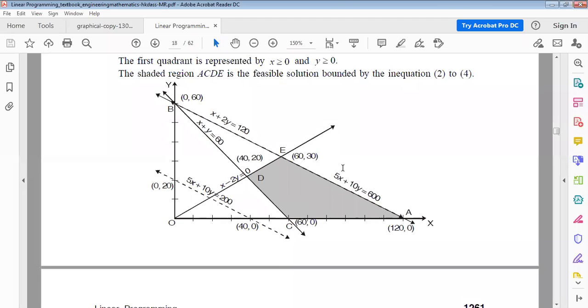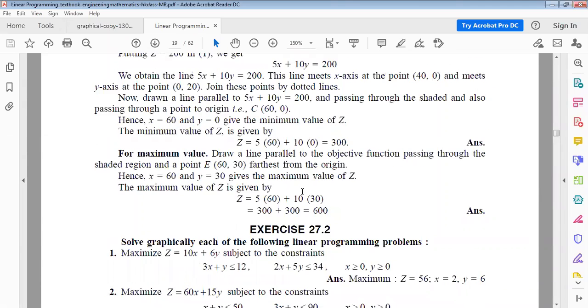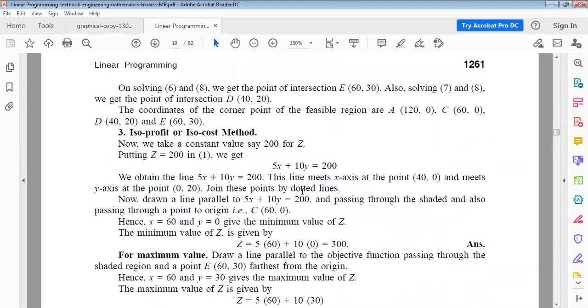Remember it, first quadrant. There are corner points D and E. E is the intersection point of 1 and 3, and D is the intersection point of 2 and 3. So solving for E and D, you get the maximum or minimum values of Z.